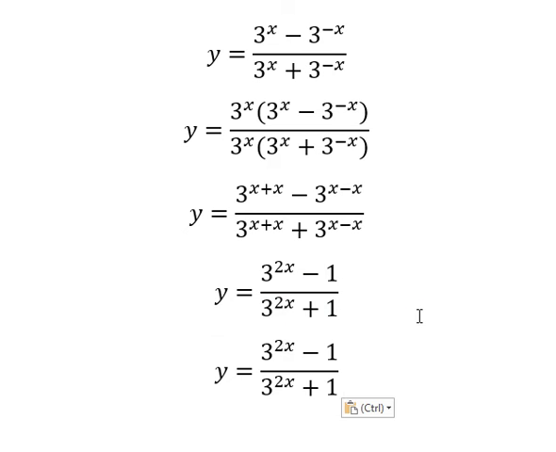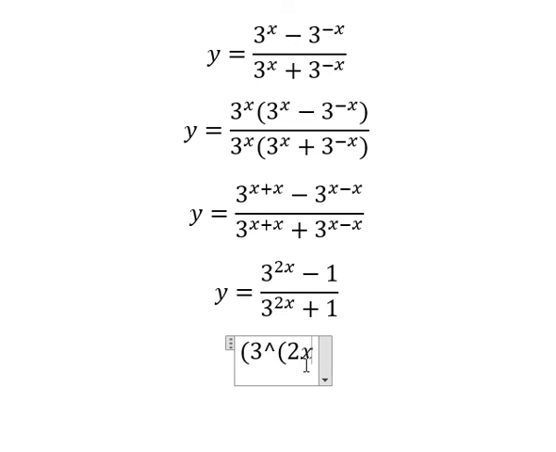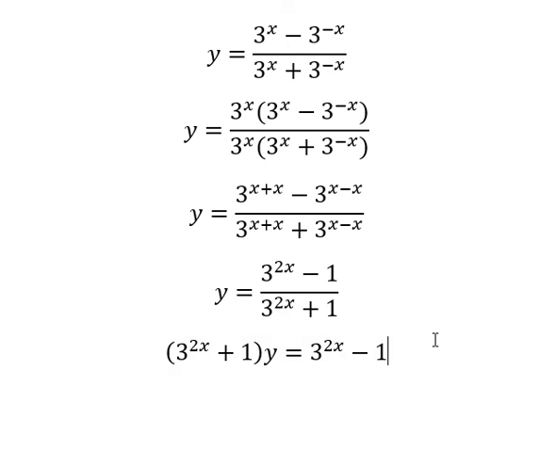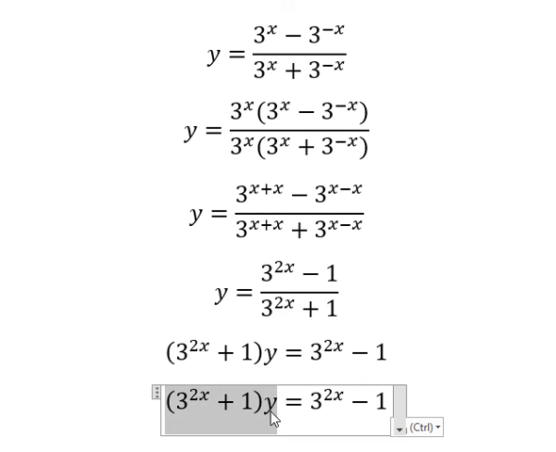Next, I will put this one go to the left. So we distribute y for this one and number 1.